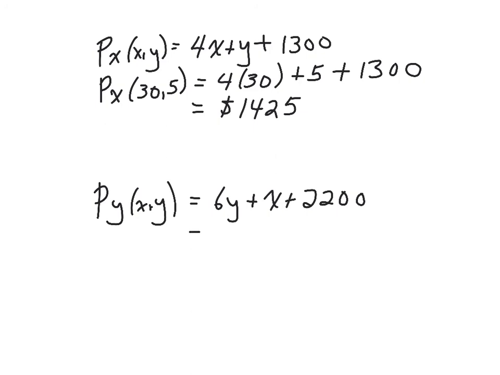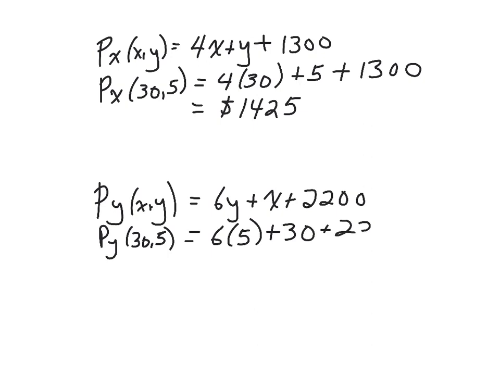And for the first derivative with respect to y, we do the same thing. P sub y of (30, 5). So 6 times 5 plus 30 plus 2200, and that equals 2260.